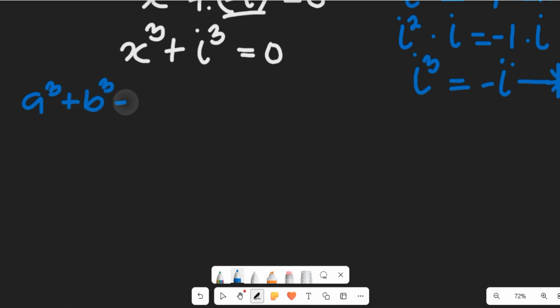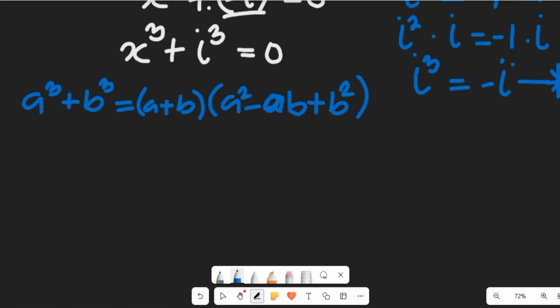Remember say for algebra, this one go give me a plus b, and it go give me a square minus ab, because this one will give me minus ab, and then that one will give me plus b square. So if we do am like that, we go get to simplify to get this other one.